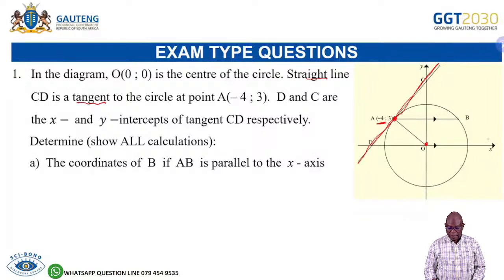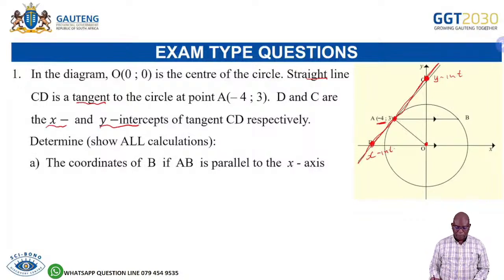Now D and C are the x and the y intercept of the graph. In other words, this one is the y intercept and this one is the x intercept, respectively, of the tangent CD. It's not the y intercept of the circle, but the y intercept of the tangent.